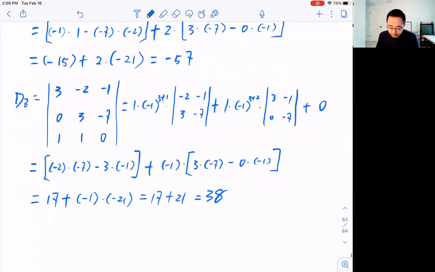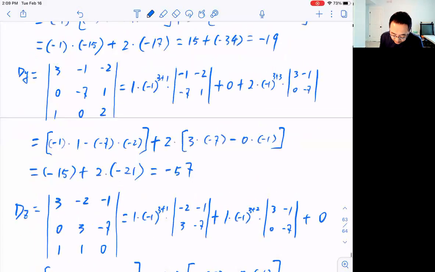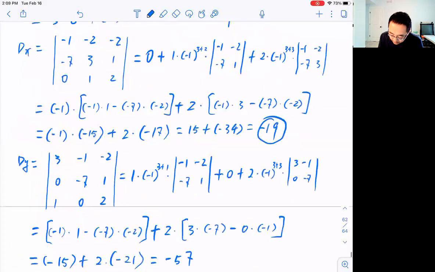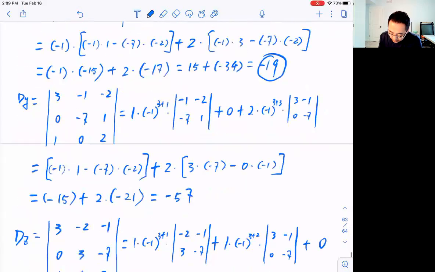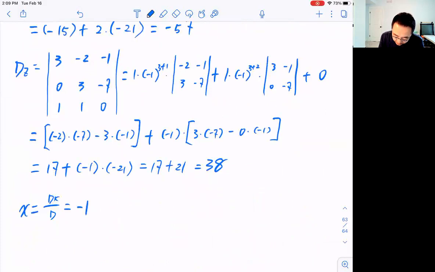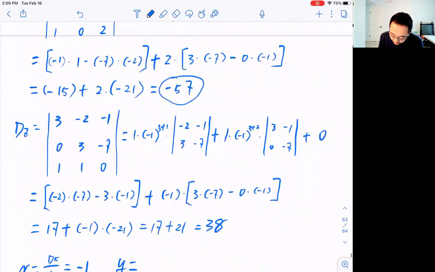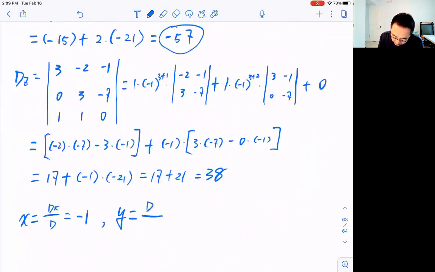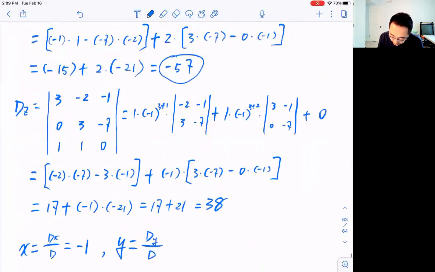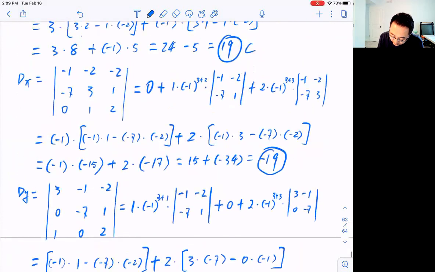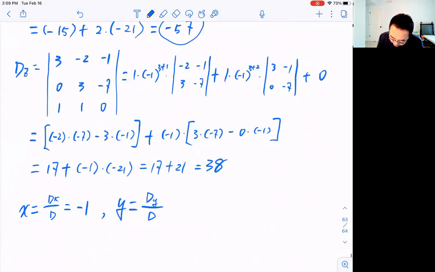So now we know x equals dx over d, which is negative 19 over 19, so x equals negative 1. y equals negative 57 over 19, and this is d right here, so that's negative 57 over 19, which is negative 3.